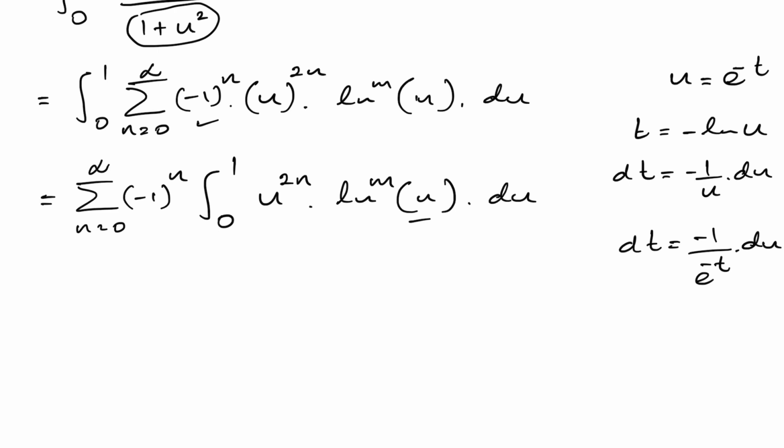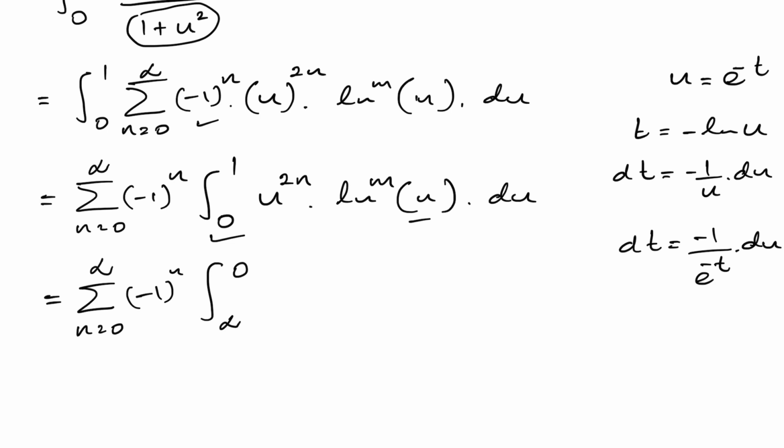Now we can plug in. Here the infinite sum from n equals 0 to infinity of minus 1 to the n. The limits, 0 to 1, now become infinity to 0.